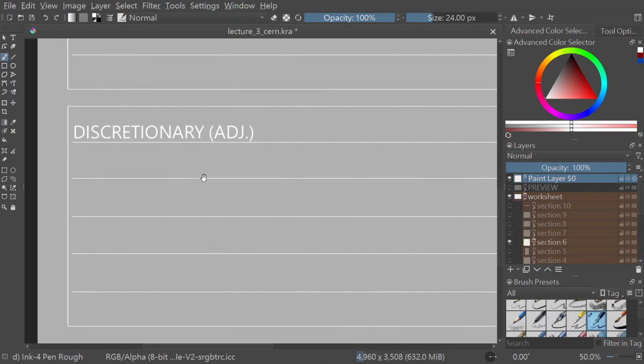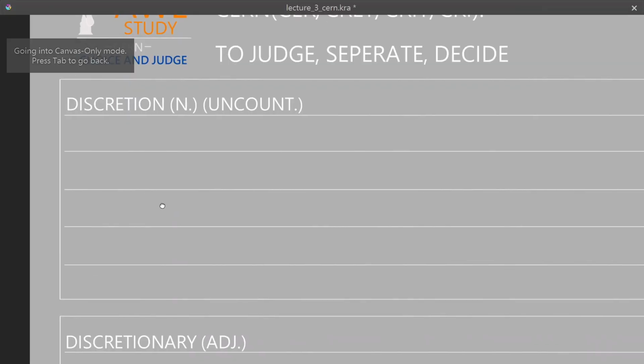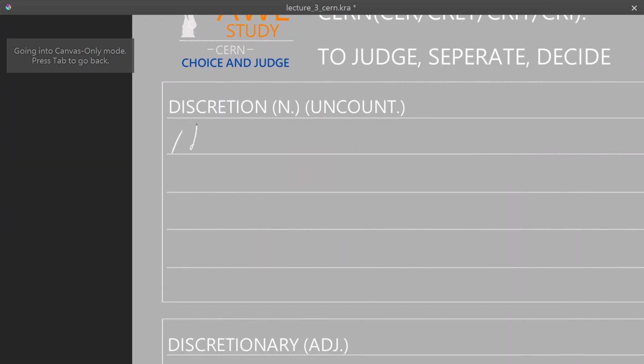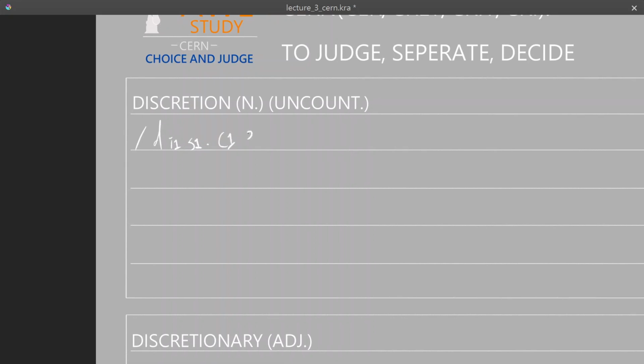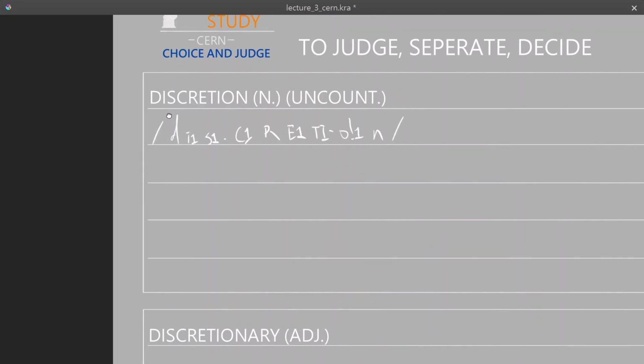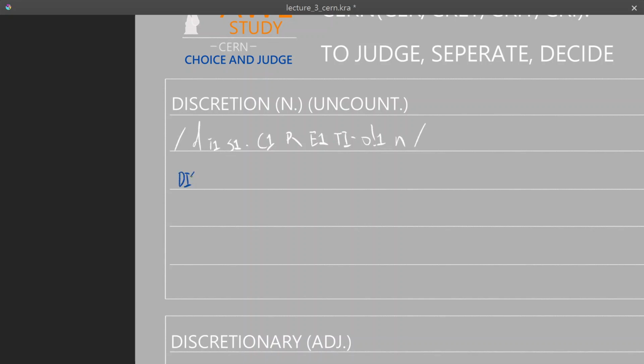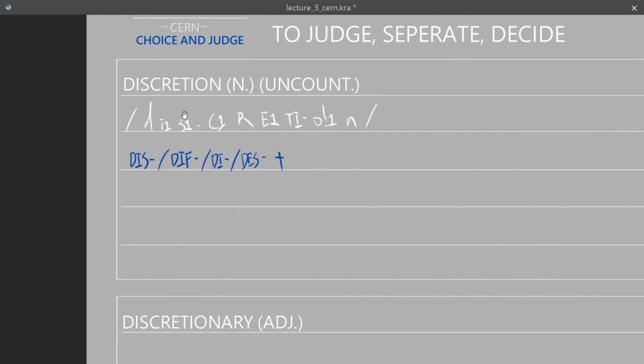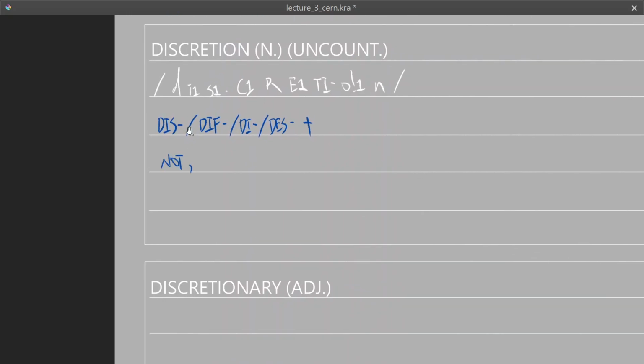The next one, discretion. Discretion. Again, we have the prefix dis, meaning not or apart.